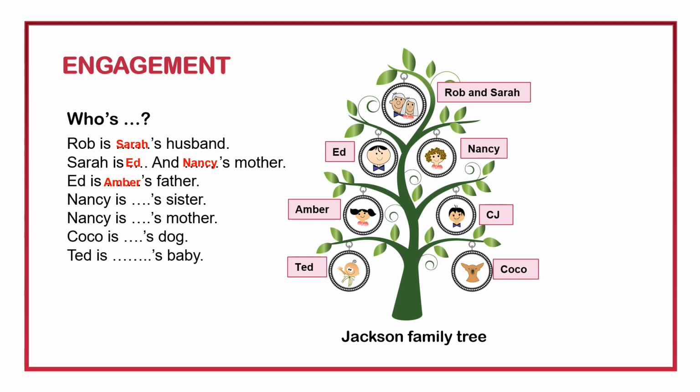Nancy is somebody's sister. Nancy is Ed's sister because they are both Rob and Sarah's children. Nancy is somebody's mother. CJ's. Coco is somebody's dog. Again, CJ's. Coco is CJ's dog. And Ted is somebody's baby. Amber's.